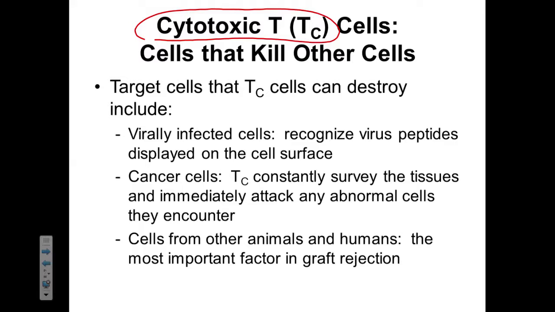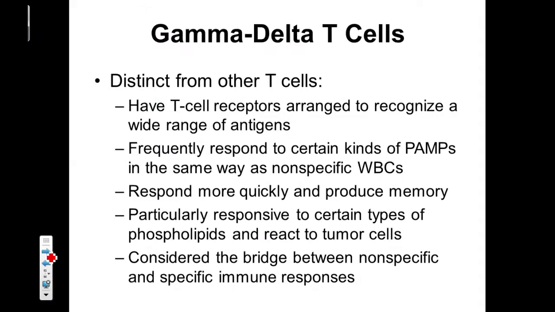Any cell that has an intracellular pathogen, typically a virus, is going to be targeted by a cytotoxic T cell. A cancerous cell is targeted by a cytotoxic T cell. And if we have a tissue transplant from another animal or another human, oftentimes our cytotoxic T cells will start to destroy those transplanted organs and tissues one cell at a time.